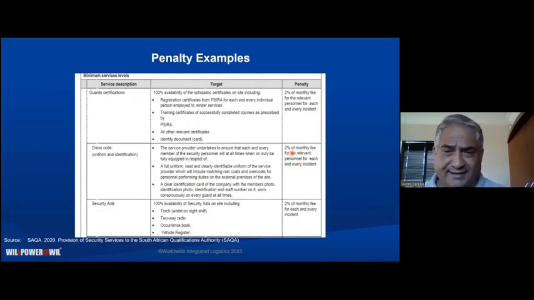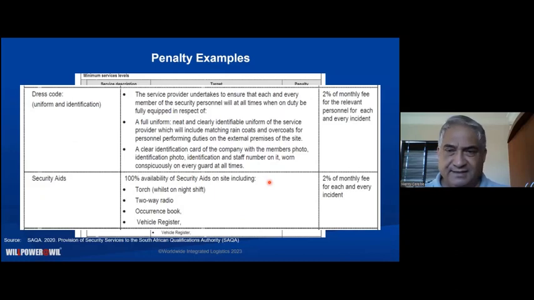Now, you could argue that might be a bit extreme, if it's going to be 2% of the monthly fee, or maybe it should have been 1%, but the point is, you can look at that. So maybe after so many incidents, then you stop. Okay, so up to 1% of monthly fees, up to 5 incidents, or whatever the case is. I just wanted to show you that there are other examples of penalties out there.